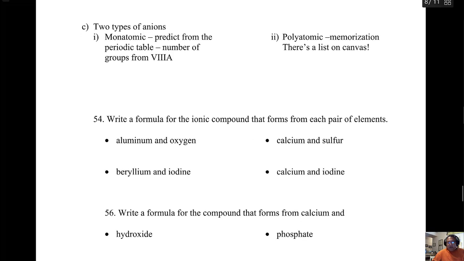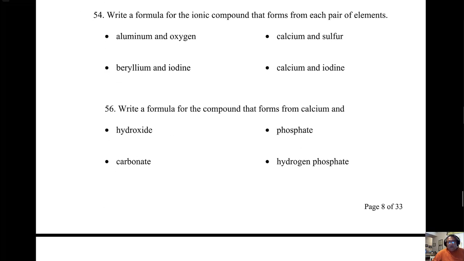So now we're going to use some of that information to write formulas for ionic compounds that contain these elements, and these don't contain polyatomic ions.